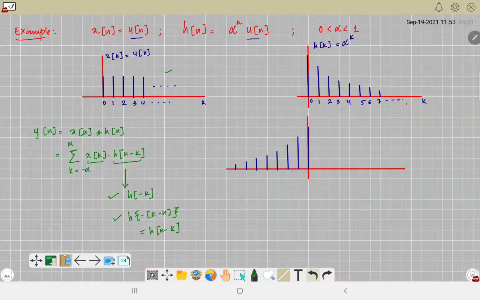Fine. So this is 0, minus 1, minus 2, minus 3, minus 4, minus 5, and dot dot dot. So there will be no positive value after folding. So this is actually my h of minus k. Fine.